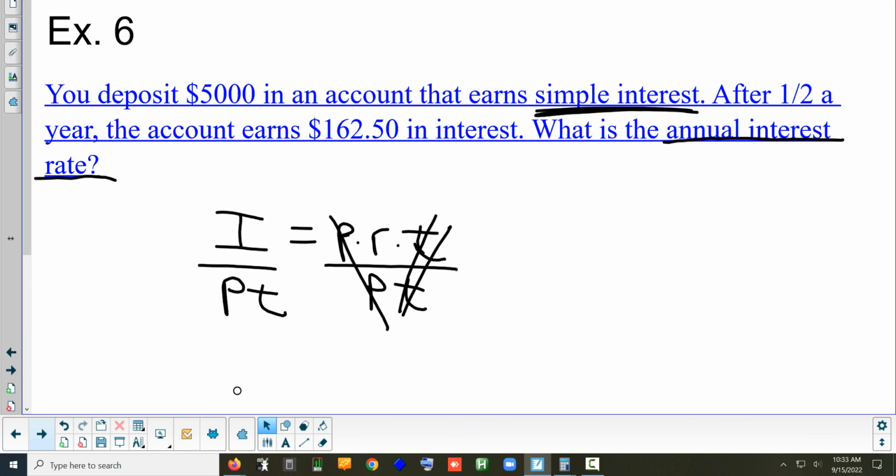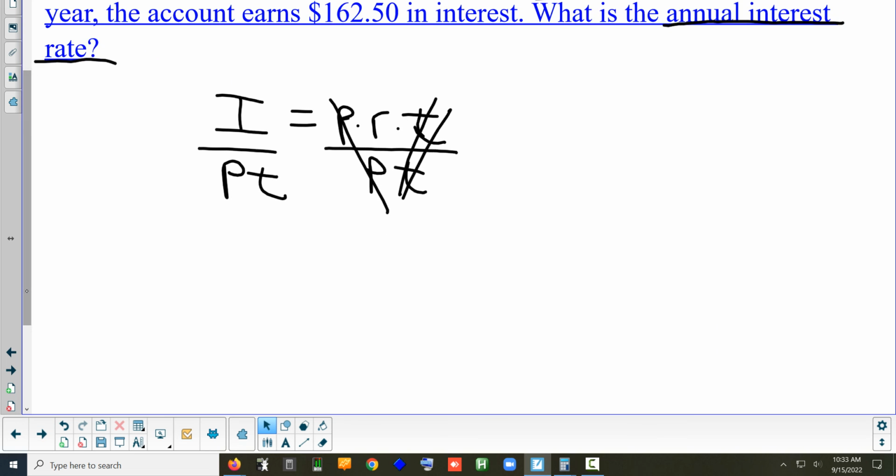Now, you got rid of the P by dividing by P, and you got rid of the T by dividing by T. Now we have a new formula that just looks a little different. It says that the rate is the interest, divided by the principal times the time.